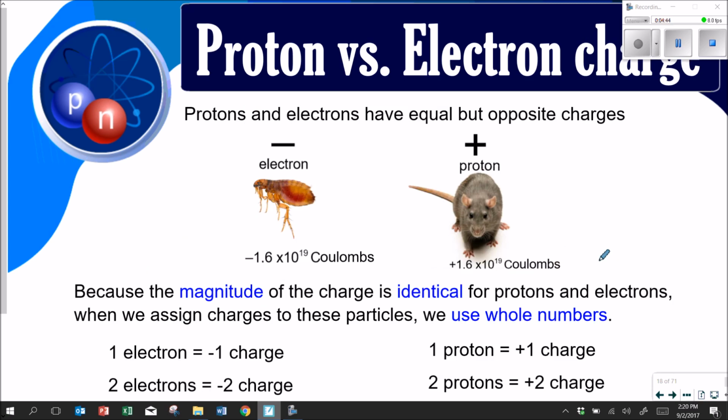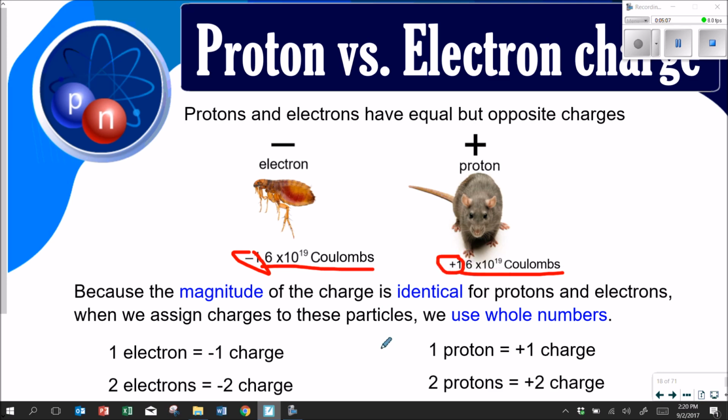Let's continue our analogy. Now we want to compare the charge of our bigger proton and much smaller electron. The charge is exactly the same in magnitude. Both have a charge of 1.6 times 10 to the -19 coulombs. The only difference is that the electron has a negative charge, whereas the proton has a positive charge.